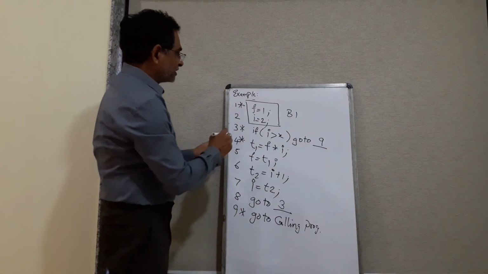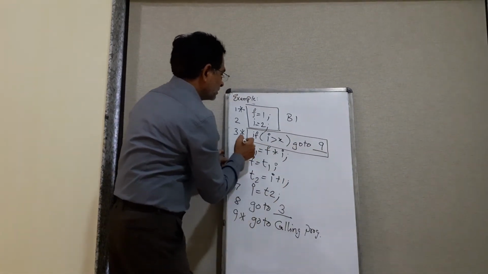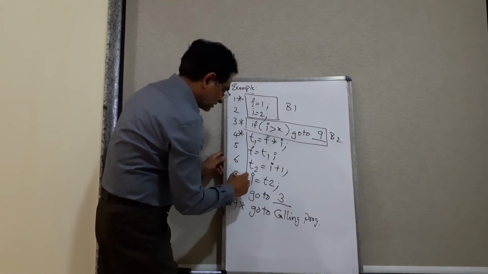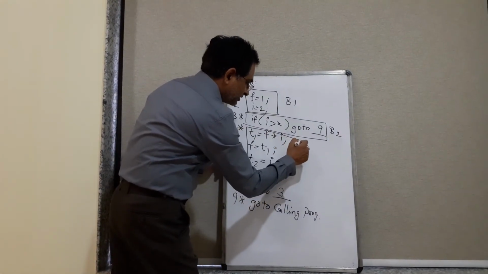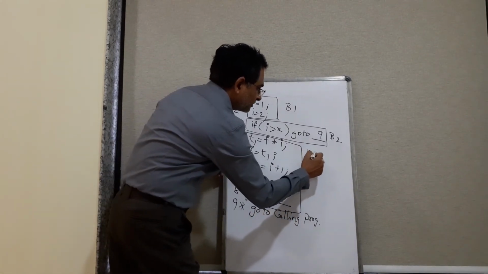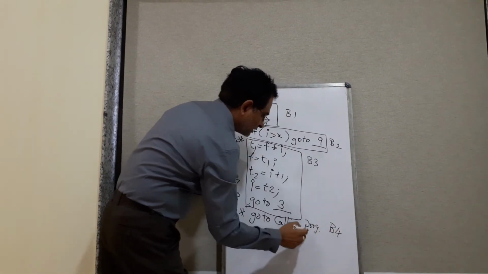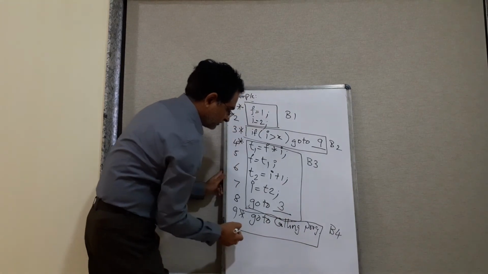So this is one block, which I am calling B2, then this is B3, except for the statements which are present inside the other block. So this is B2, B3, and then there is B4, another star. Are you getting it?